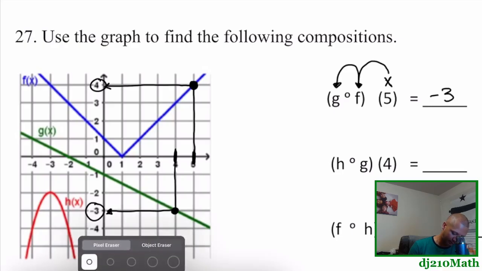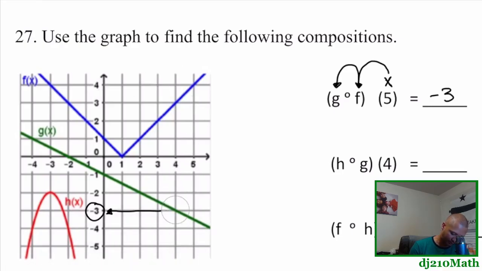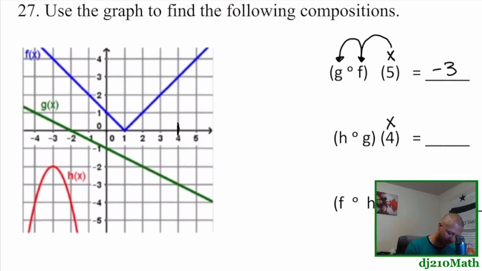So here, let's do the next one. Feel free to pause the video. X is equal to 4. I want to go towards g. That's the green one, so I'm going to go down. X equals 4 hits g here.